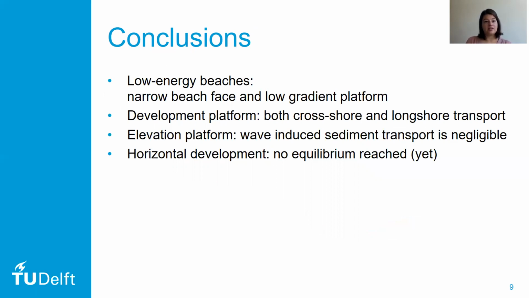That's not only the case in these Markermeer beaches, but also on other locations we found in literature. The development of the platform is both due to cross-shore and longshore transport, and the elevation of the platform is approximately at the height where we find a depth of closure, so wave-induced sediment transport should be negligible.